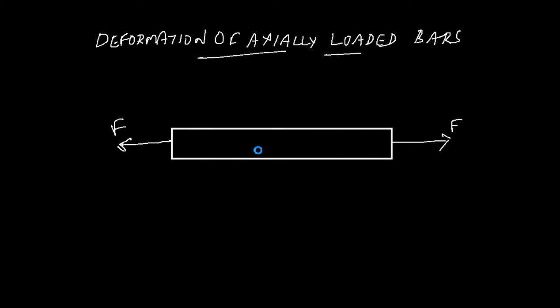So in order to analyze the deformation of this bar, as in every usual engineering analysis, we consider a small strip. So let's consider a strip here and let's call it dx.